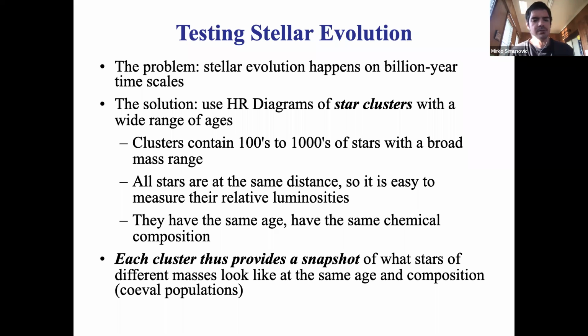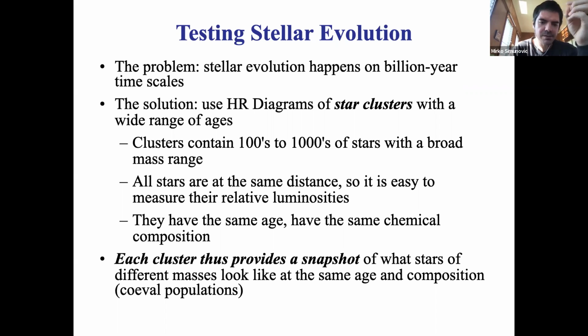So the only way to solve that problem is to observe stars at different ages, and then you build this comprehensive sequence of evolution. We can observe many star clusters at a wide range of ages.